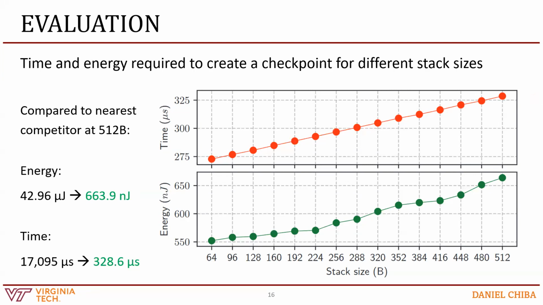The important thing over here is that compared to the only other competitor that they mention in the paper, for a stack size of 512 bytes, their energy and time is about 65 times less and 52 times less than the only other competitor that they have.